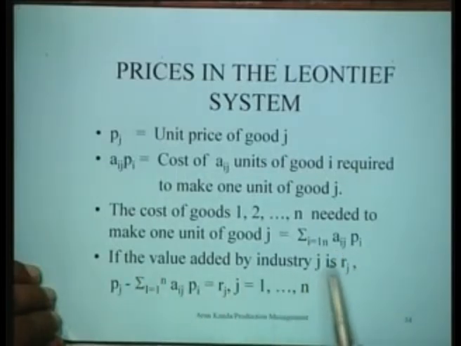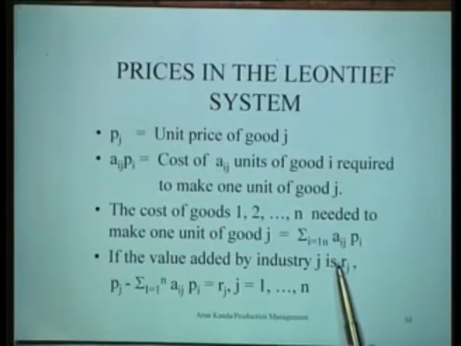Value added is important because each industry is adding value. That means the total cost is 20 rupees, it is making a profit of 10 rupees and selling for 30 rupees.